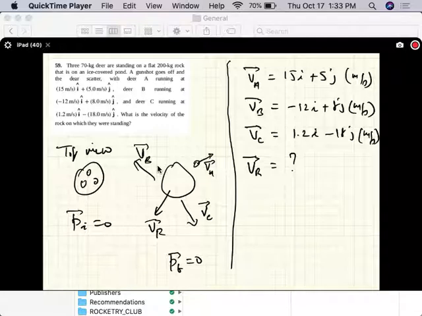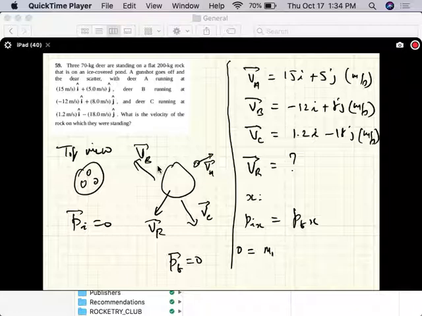Okay, so let's look at the x components. Zero is equal to, and the masses of all the deers are equal.